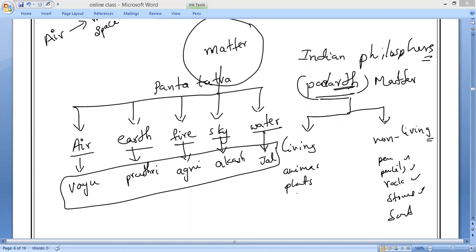But our modern-day scientists classify matter in two ways. I will say that, you please write it till here, everyone.